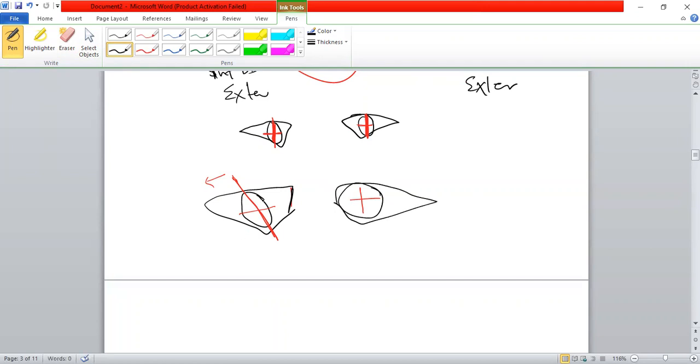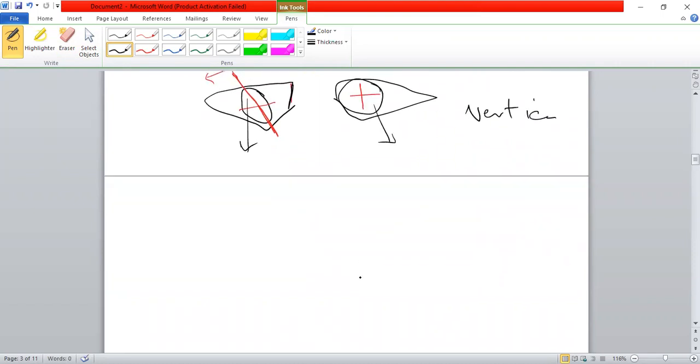Now what happens? You will see diplopia here. Why? Because both the angles are different. One is looking at this side and one is looking to this side. So you will see vertical diplopia.